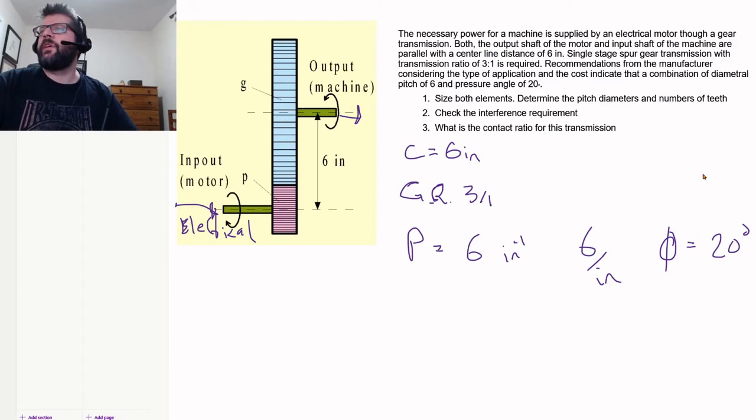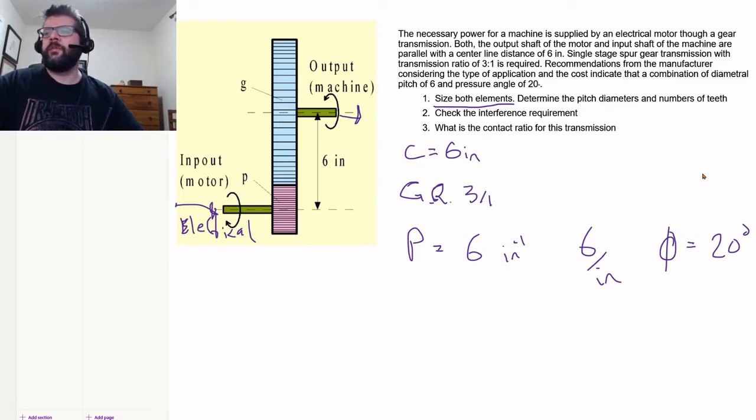So we want to size both elements. We're mounting them 6 inches apart, and ideally we're going to mount them such that the pitch circles of each of them touch.